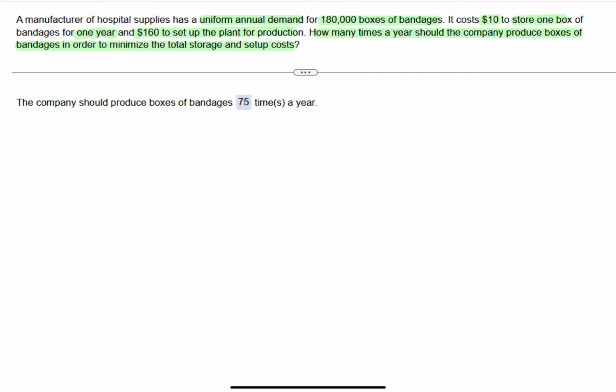Again, what's my total cost here? I am paying for the storage and I'm paying for the production. So the total cost here, I'm just going to say TC, is storage cost plus production cost.